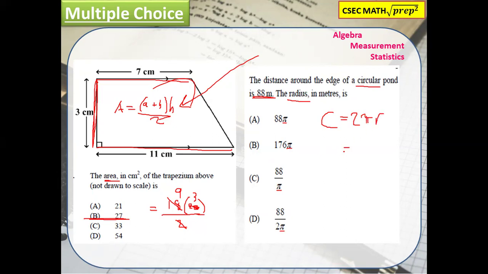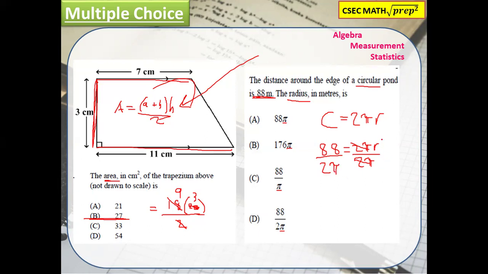And we just need to plug in the information that we're given here. So the circumference is 88, so that's 88 equal to 2 times pi times r. We want r to be the subject, so we leave r alone on the right side. But since we want to get rid of the 2 pi, we divide this side by 2 pi. 2 pi cancels 2 pi, but by virtue of equation, we have to divide the other side by 2 pi as well.